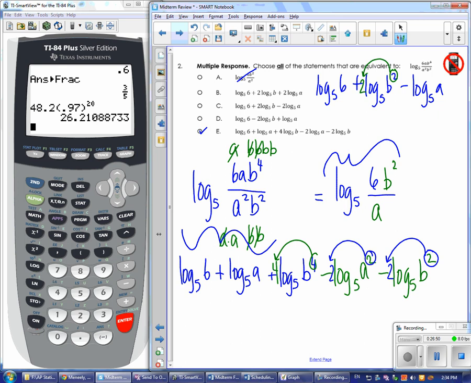So I'm going to want to see if that corresponds to any of my answer choices, and it does not. So it doesn't look like any of the other answer choices are going to work. I think the correct answer here is simply E. It's the only correct answer. So even though this is a multiple response problem, there is only one correct answer.